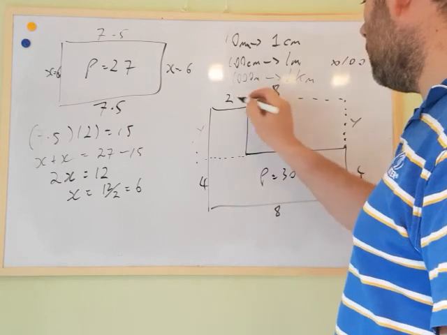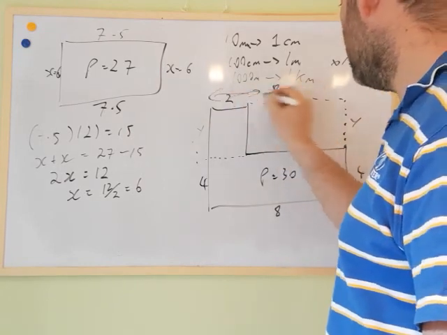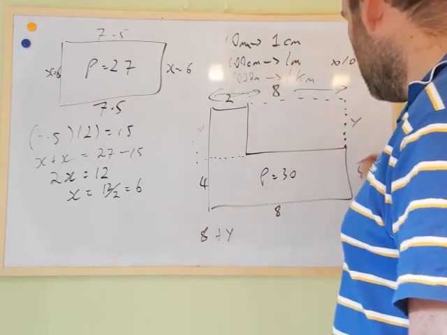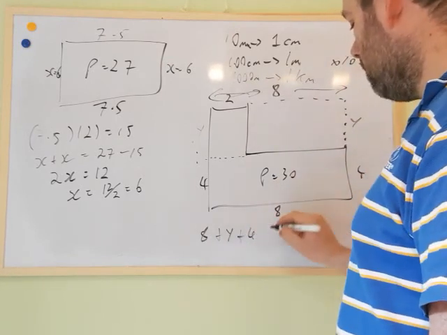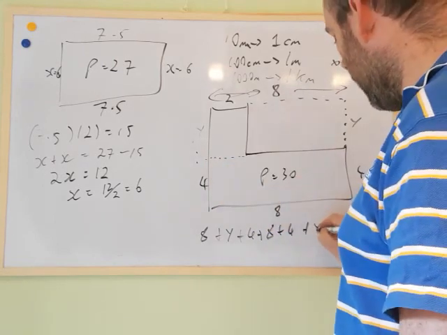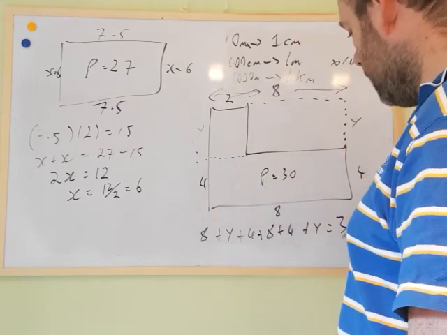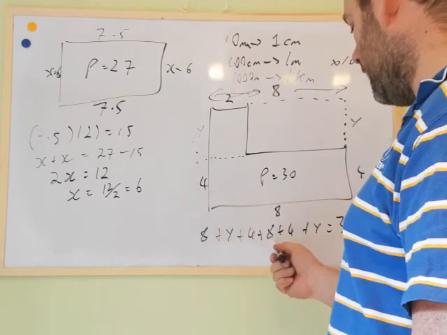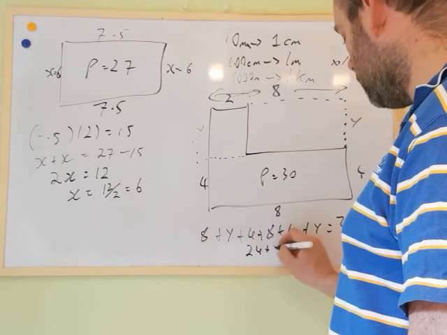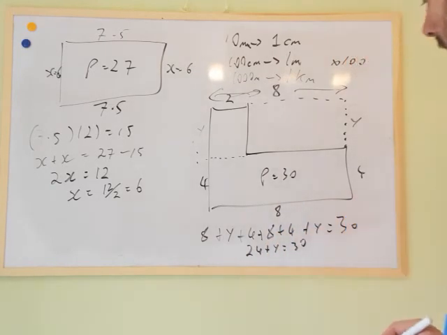Okay? So, from there to there is 8. 8 plus y plus 4 plus 8 plus 4 plus y is equal to 30. Well, 8 plus 8 is 16, plus 4 is 20, plus 4 is 24, plus y is equal to 30.